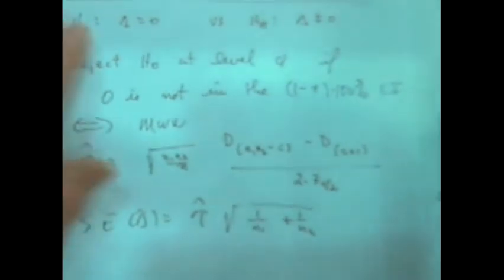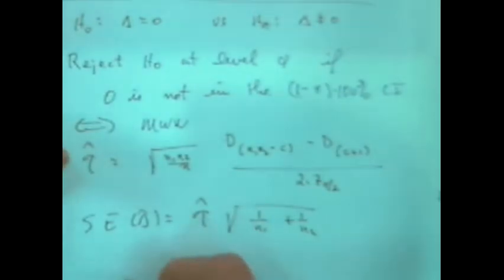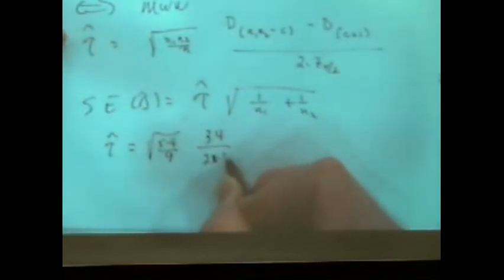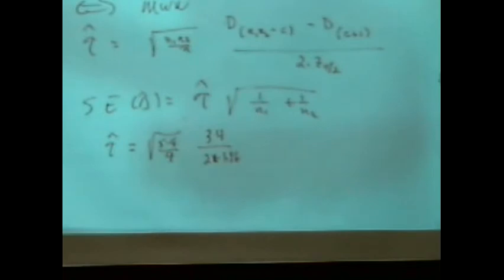So you could do that. Let's do the 95% one. Length is 34, right? So this is 12.93.